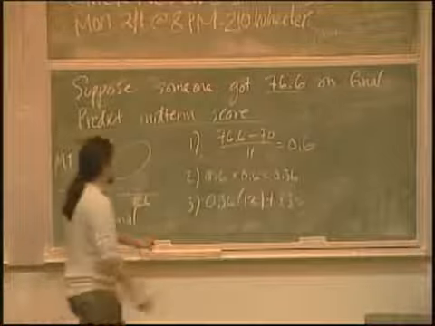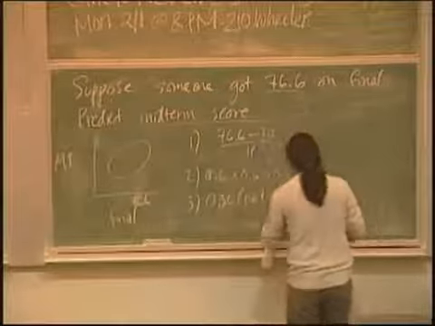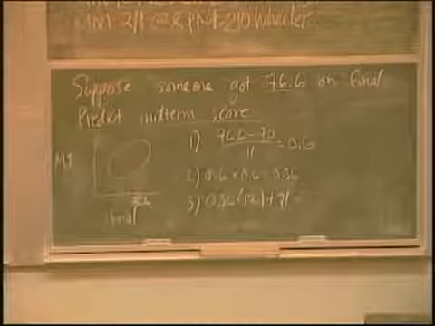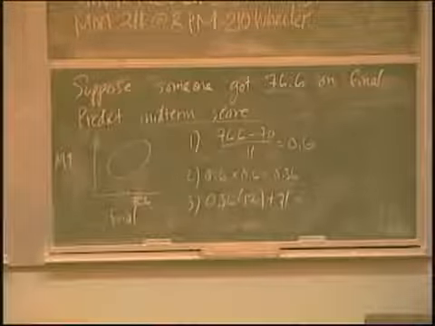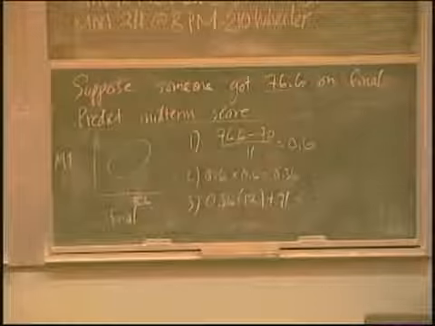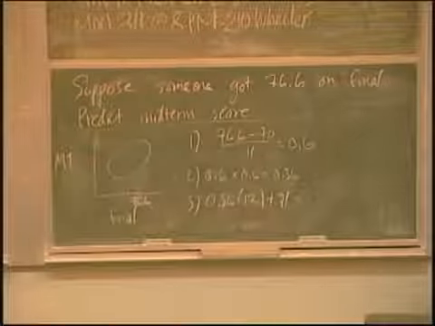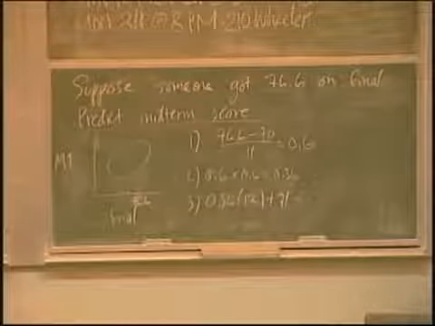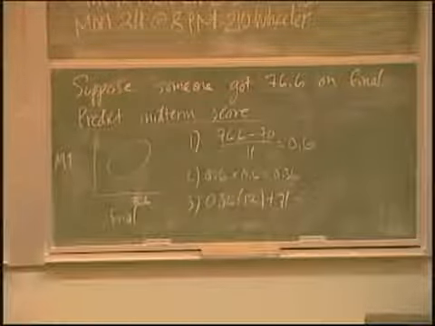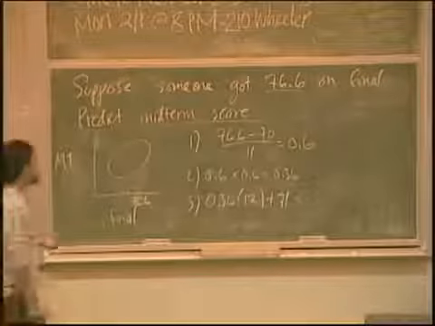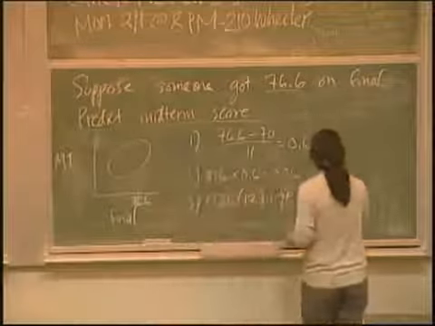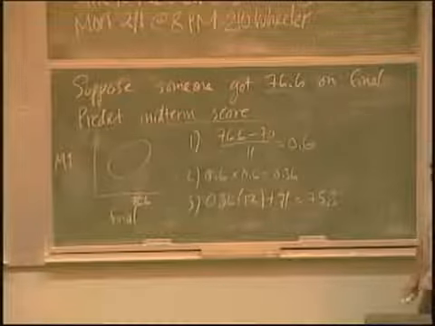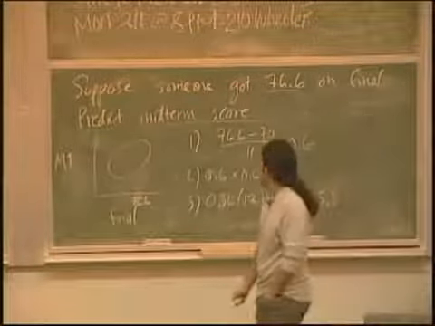I'm sorry. The average there should be 71, right? Now that, oops, sorry, lost it, is 75.3. Okay, so it's still a little bit above average, but it's kind of low compared to the 83, right?